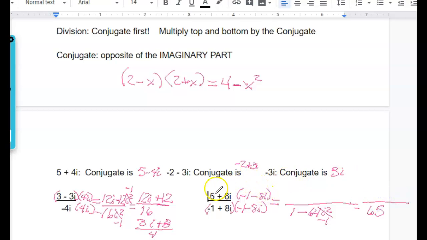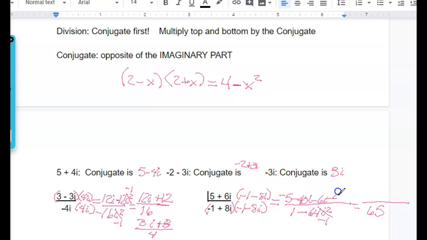In the numerator, I'm not going to divide this up and FOIL it out or use the distributive property. I'm just going to kind of walk through it. You would certainly be able to draw a box or use the distributive method. But what this says is 5 times a negative 1, 5 times negative 8i, 6i times a negative 1, and 6i times a negative 8i.